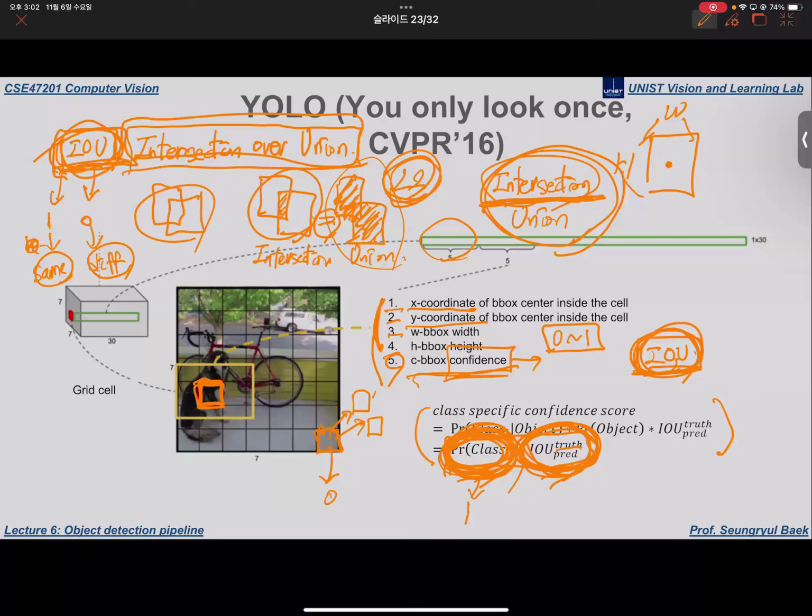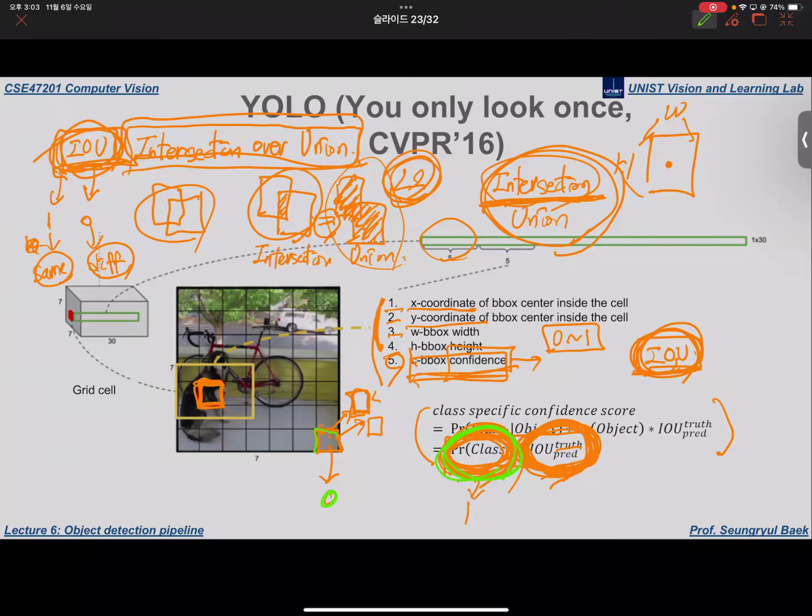And we measure the IOU between these bounding boxes and the ground truth bounding box, and then use this value as the ground truth for training the fifth value of that prediction.